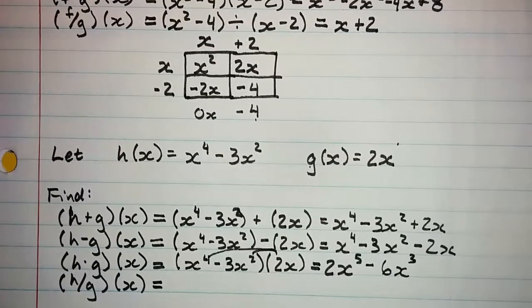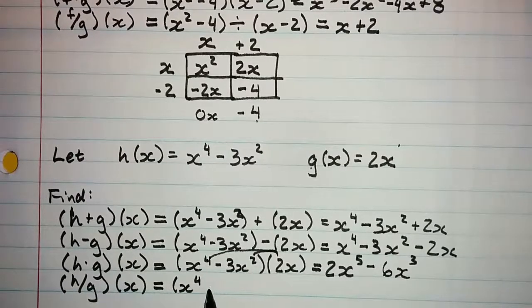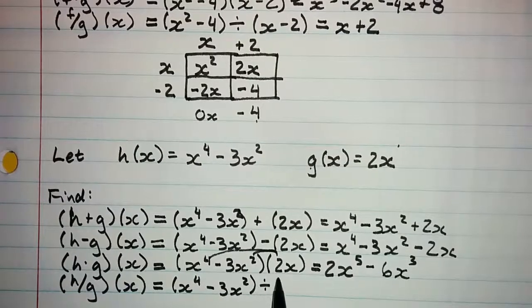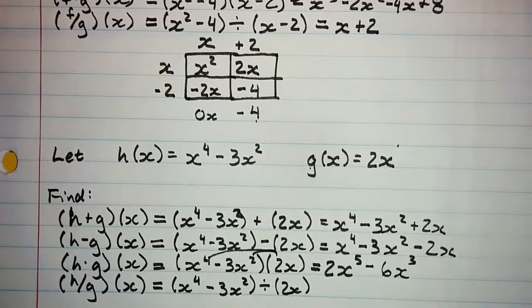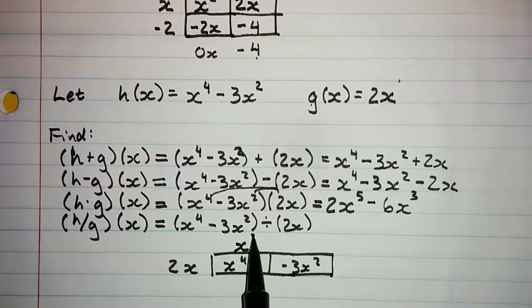And finally, the division will have x to the fourth minus 3x squared divided by 2x. What do I need to multiply 2x by to get x to the fourth? Well, I'll need an x cubed.